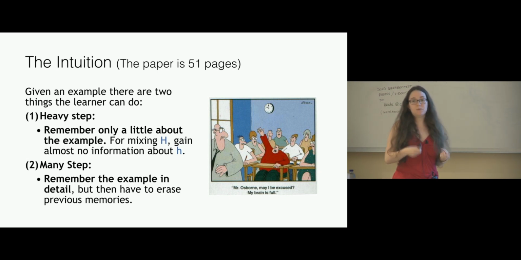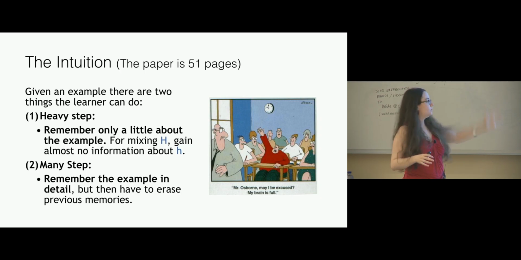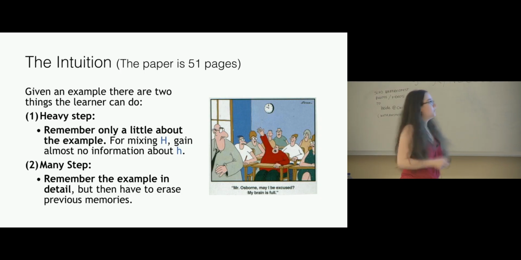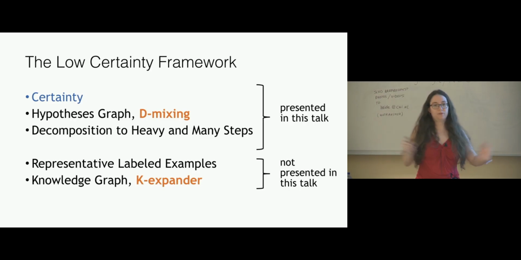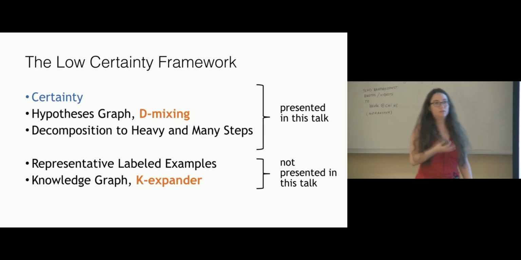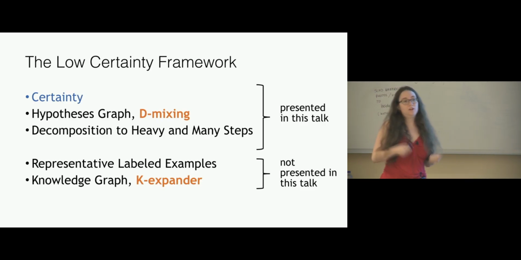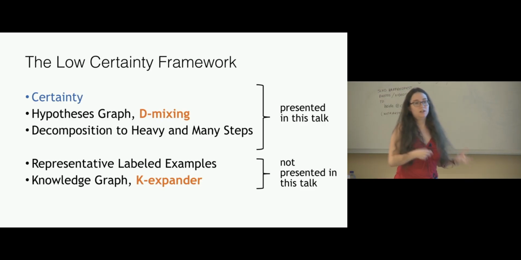What we prove in the paper is that any algorithm can basically be decomposed into these two steps. Okay, so now the framework in general. We talked about the certainty, which is a way to measure how certain a memory-bounded algorithm is in its answer.